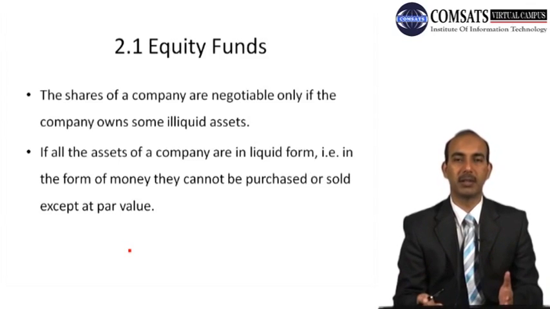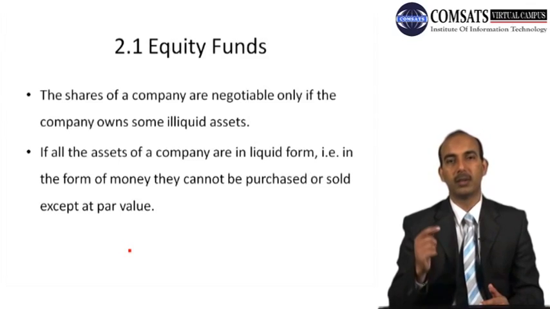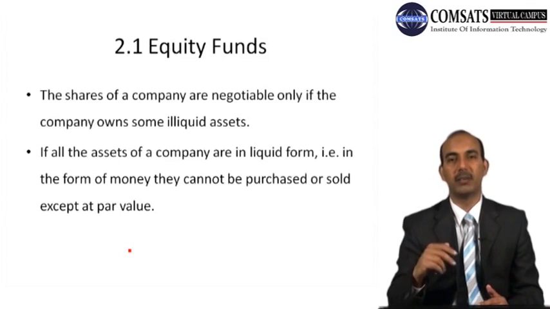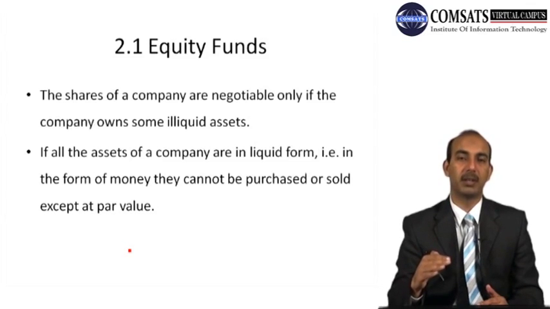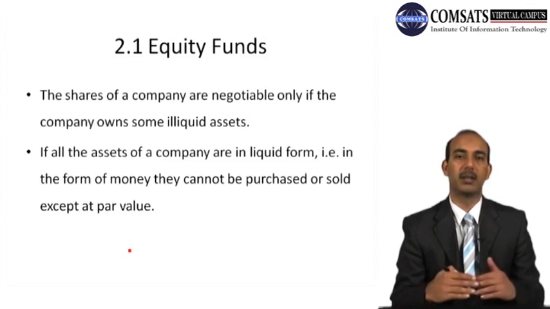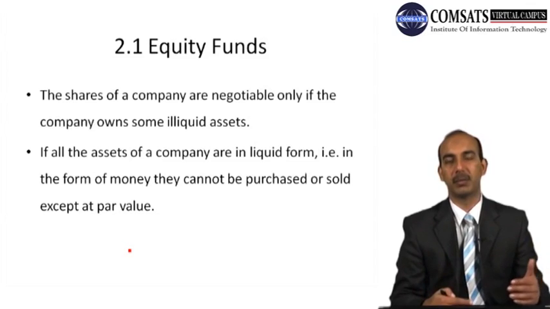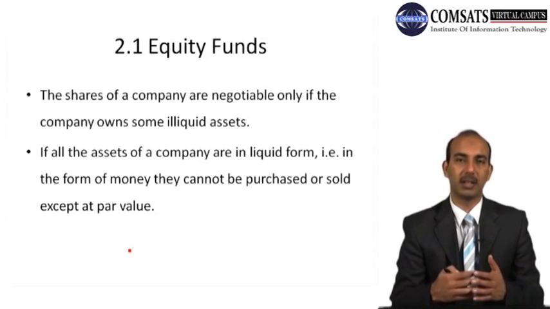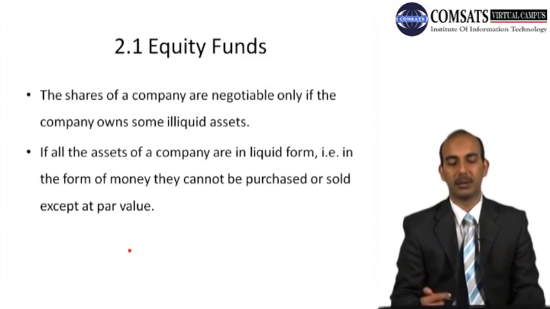If the par value of the asset is 100 rupees, it can only be traded at 100 rupees. Otherwise, any increase or decrease in the price will constitute riba, because there are only liquid assets as a backup. There is only cash as a backup. So the transfer of trading into cash and earning something on it is not allowed.